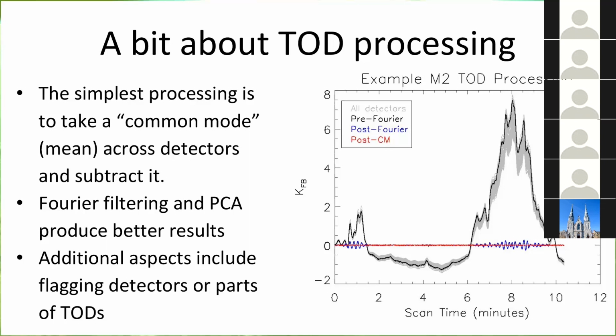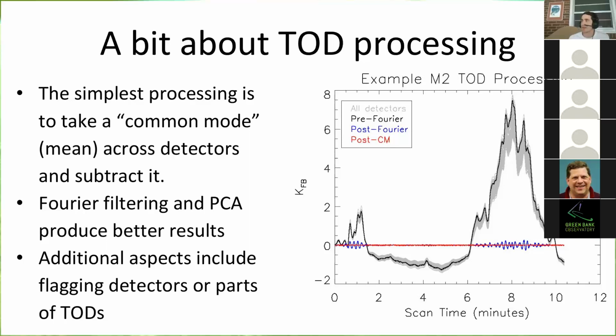I would say 3 Kelvin is a fairly typical variation. So sure, I'd say that's fair. It's slightly noisier, but we still see, yeah, on order a few Kelvin variations on most of our scans.